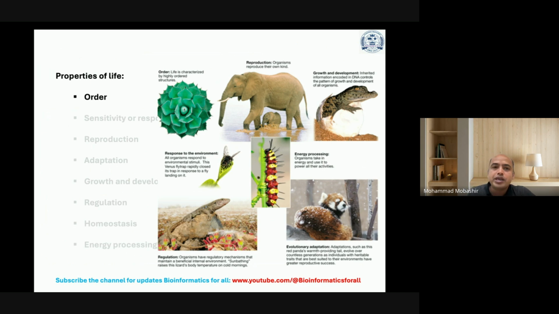For example, a human has a well-defined heart, brain, kidney, eyes, ears, nose, and many such well-defined things you can see physically or phenotypically. So this is called order.